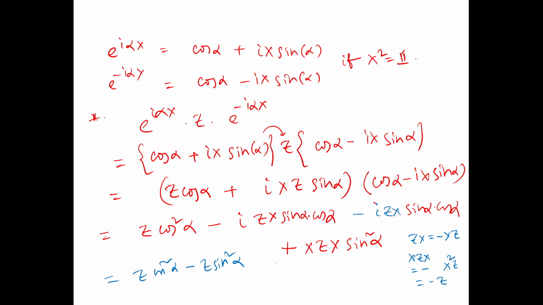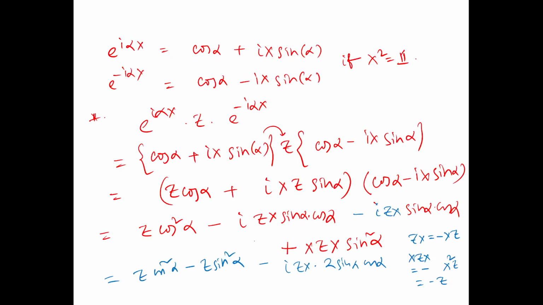So now you simply have I zx times 2 sin alpha cos alpha. So finally you have z cos square alpha minus z sin square alpha, and you have I zx minus I zx.